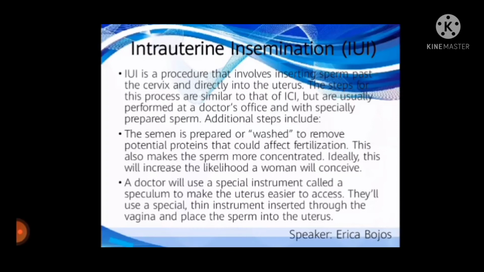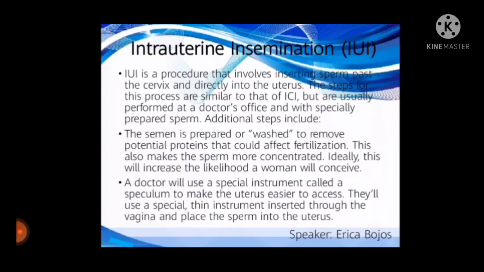The difference between the two is that the ICI process can be performed at home or in a doctor's office, while IUI is usually performed at the doctor's office with specially prepared sperm. Additional steps include that the semen is prepared or washed to remove potential proteins that could affect fertilization.